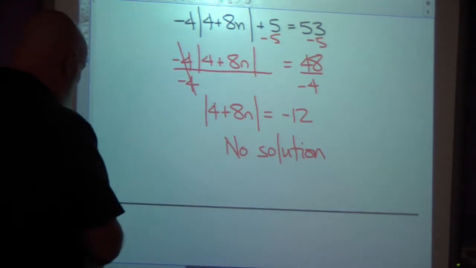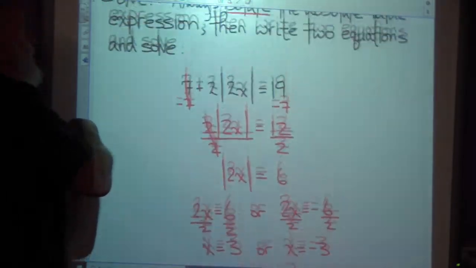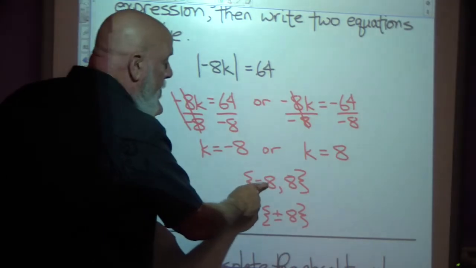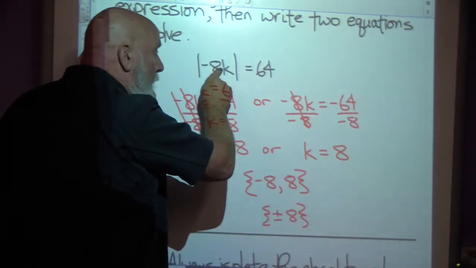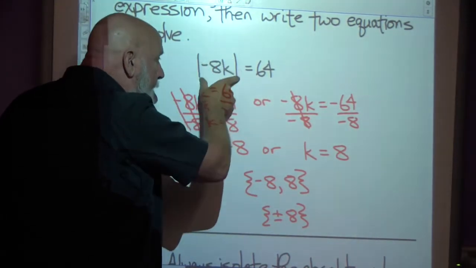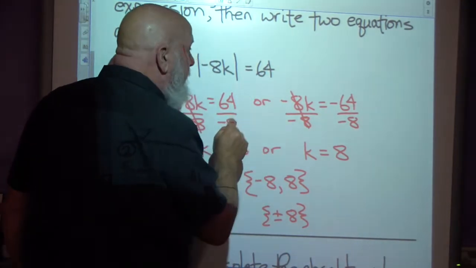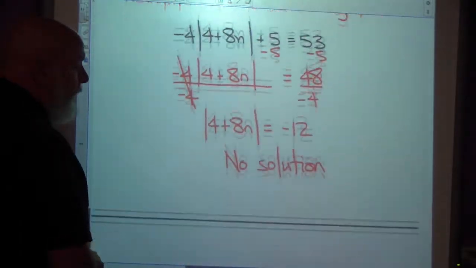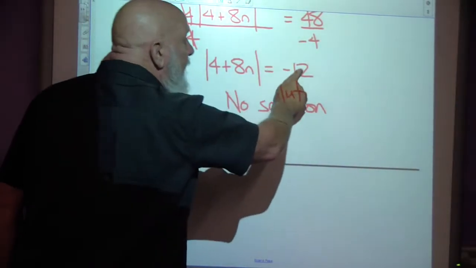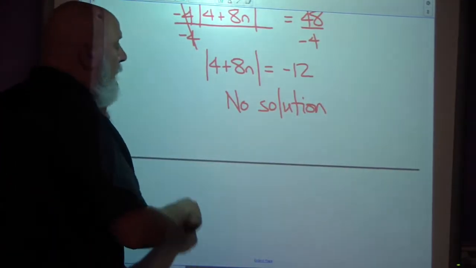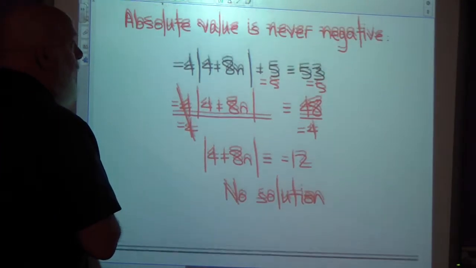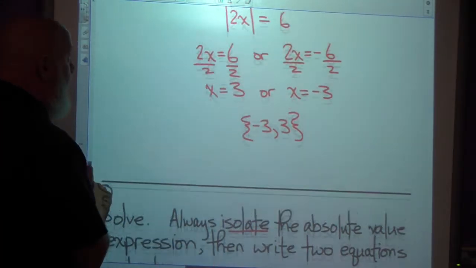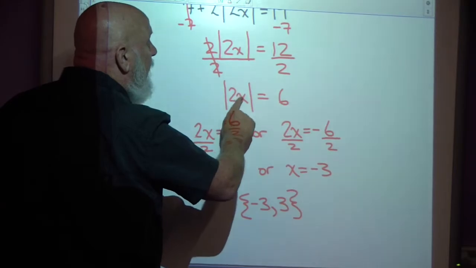Okay. Now, up here on many of our problems, we got negative answers. It's okay to say that there's a negative value you can plug in here and then take the absolute value of it, you'll get a positive value. But if you say that you're going to take the absolute value of something and get a negative value, that'll never happen. The variable itself can be negative. It could be -3, because if I plug in a -3 right here, this will give me -6.